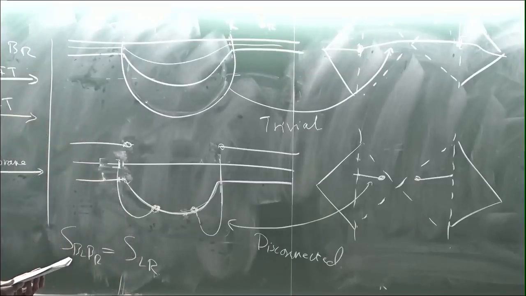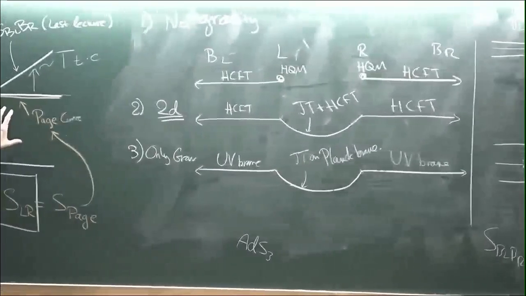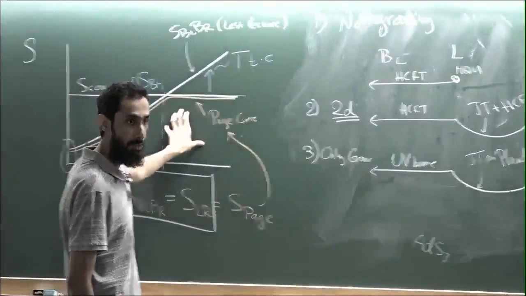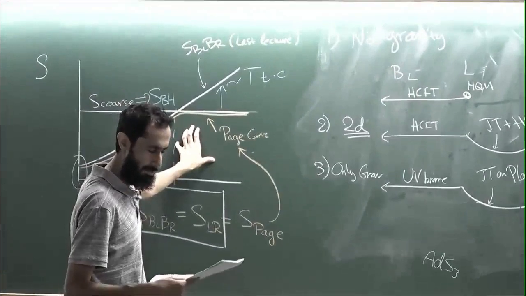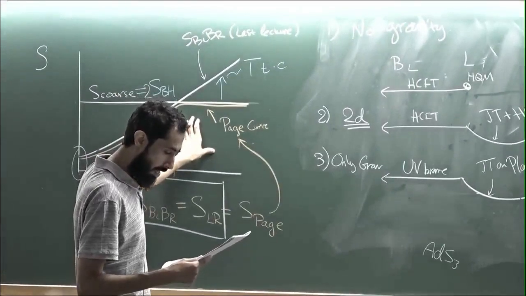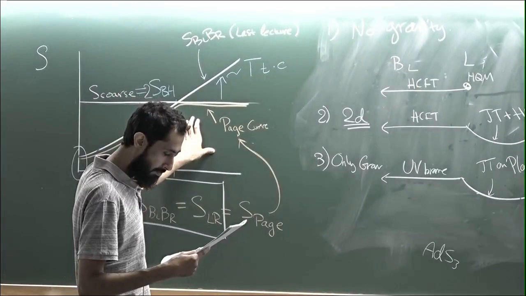But a statement that I do want to make is that we now have the Page curve automatically, for both the left-right system and for the black hole radiation. So let me make a few points.